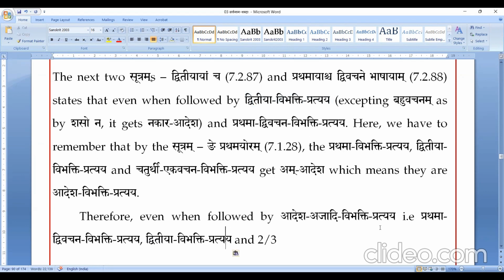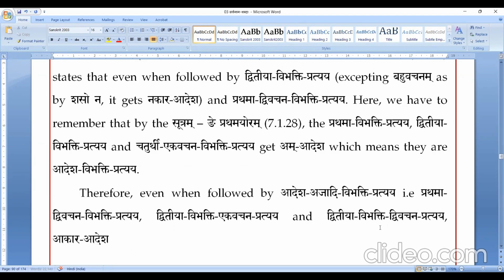Vibhakti Ekavachana Pratyaya and Dvitiya Vibhakti Dvivachana Pratyaya. Even when followed by this, the Akara Adesha will happen.